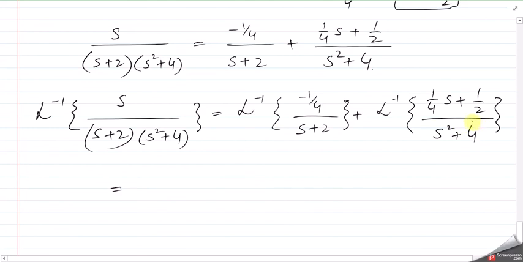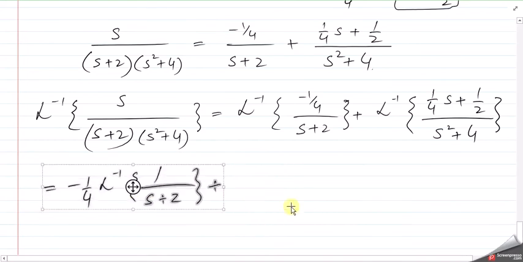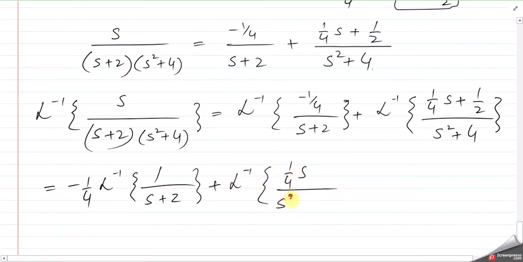Now the right hand side, there are two inverses. This first one is very simple. Minus 1 by 4 Laplace inverse of 1 over s plus 2. And the second one we have to split again. We have to, because we can split numerator, so we split again. Let me make some space for it. So that will become Laplace inverse of 1 by 4s over s squared plus 4 plus Laplace inverse of 1 by 2 over s squared plus 4.